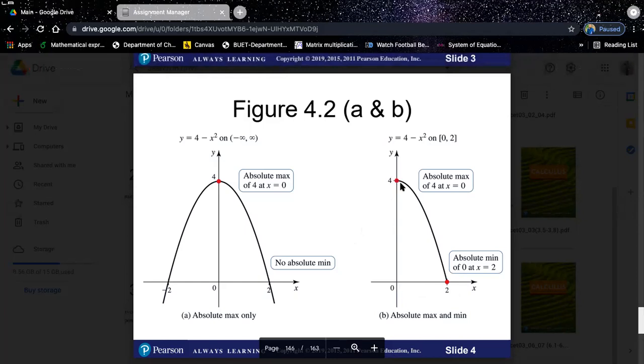And for this part, the graph looks like this. If you see there is an endpoint, right? So this has to be the minimum value, the minimum point of this graph. Because the graph doesn't really go beyond this, so this has to be the lowest point. This has to be the minimum value. Do you agree?